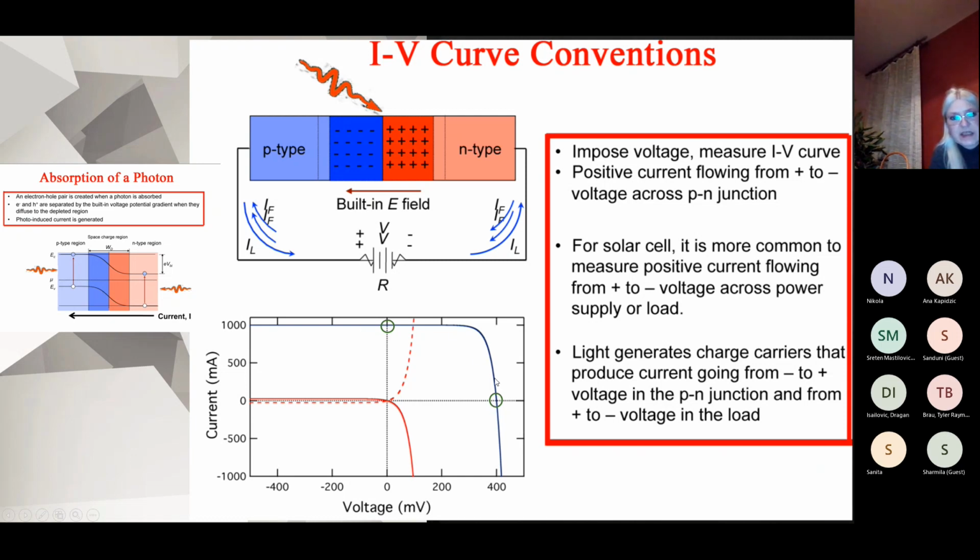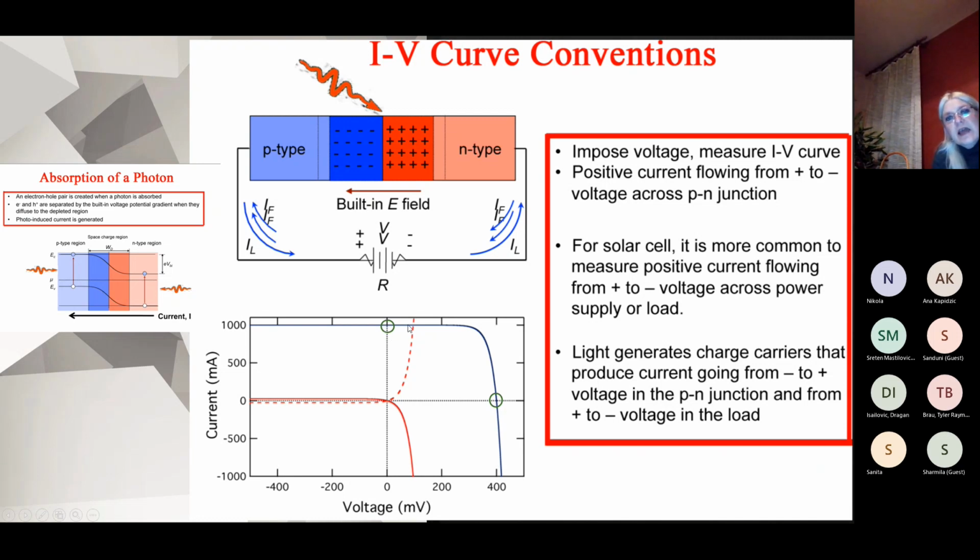For this measurement, we have two important points. Here is where we can extract the maximum current, and that maximum current we're going to get for zero voltage. So when the voltage is zero, we get the maximum current, and that current we're going to call the short circuit current.